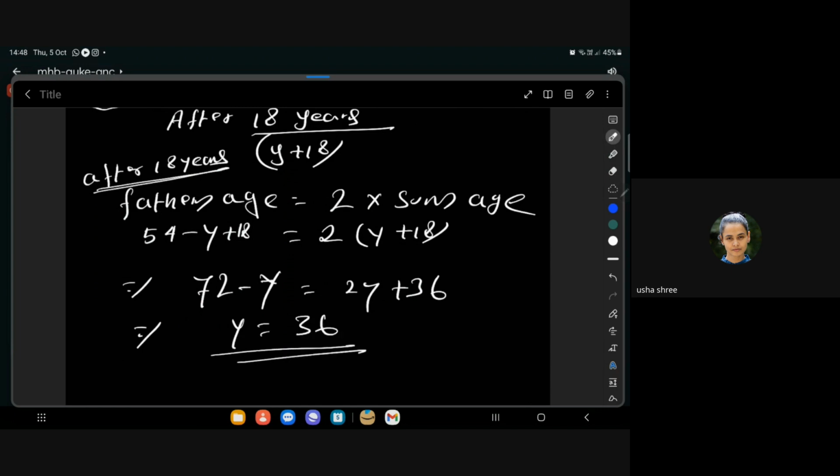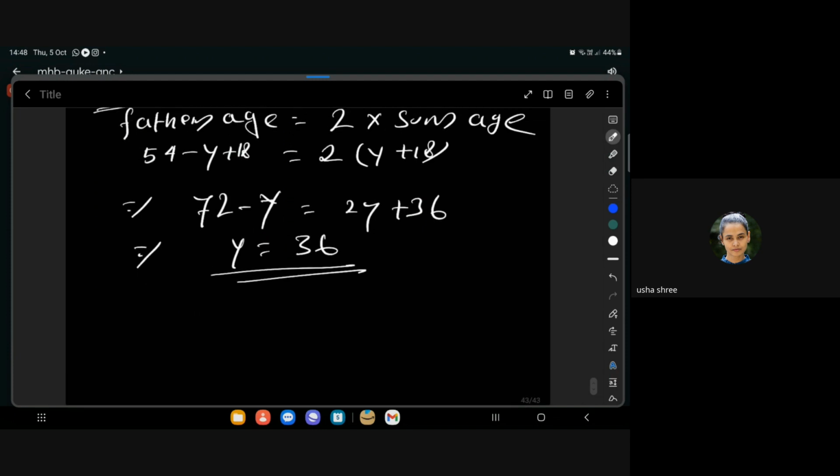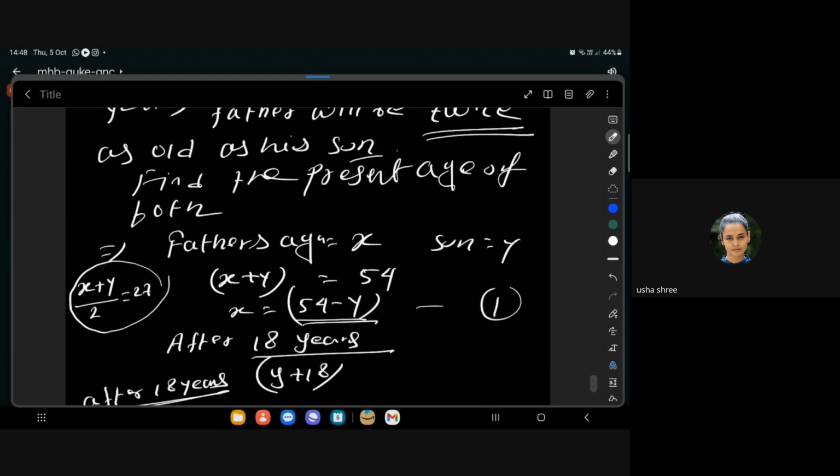Right? y equal to 36, right? Yes, yes, bhaiya. Then they find the value of x. From the first equation, you can find the value of x. So how much did you get?